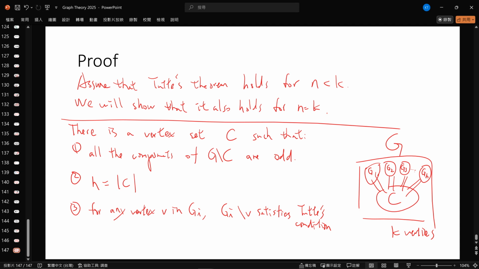So by the induction hypothesis, if it satisfies Tutte's condition, we can saturate the remaining vertices. And this is true for every component.